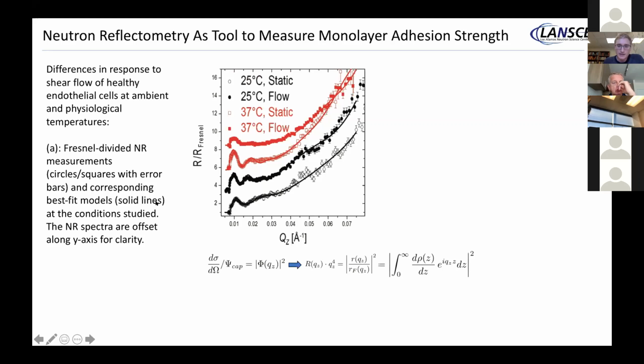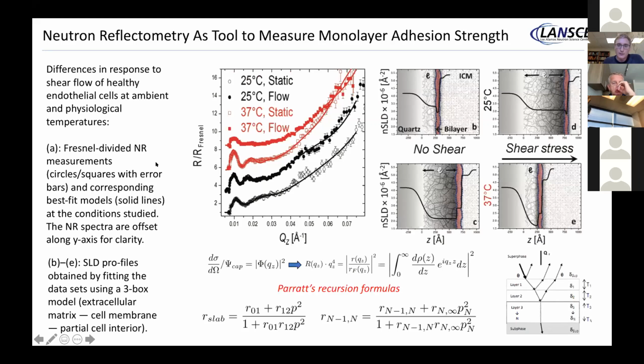These were repeated. One thing you notice is the Qz range is not very far. This is one of the downsides of neutrons, and it's also why we're so excited to potentially do these types of measurements at APS, specifically ChemMatCARS, to be able to get farther out in Qz.